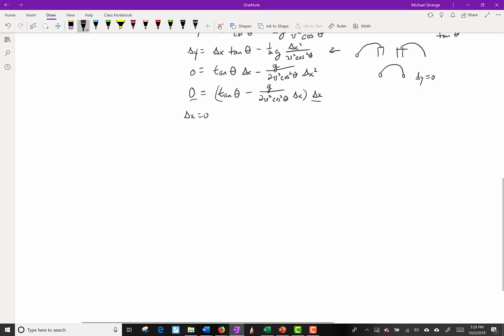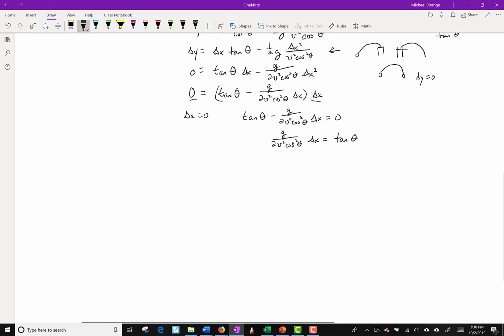And then I'll do this one. So I get tan theta minus g over 2v squared cosine squared theta delta x equals 0. Now I'll move this term over. This is going to become negative, so I'll have a negative and negative, so it all becomes positive. g over 2v squared cosine squared theta delta x equals tan theta.